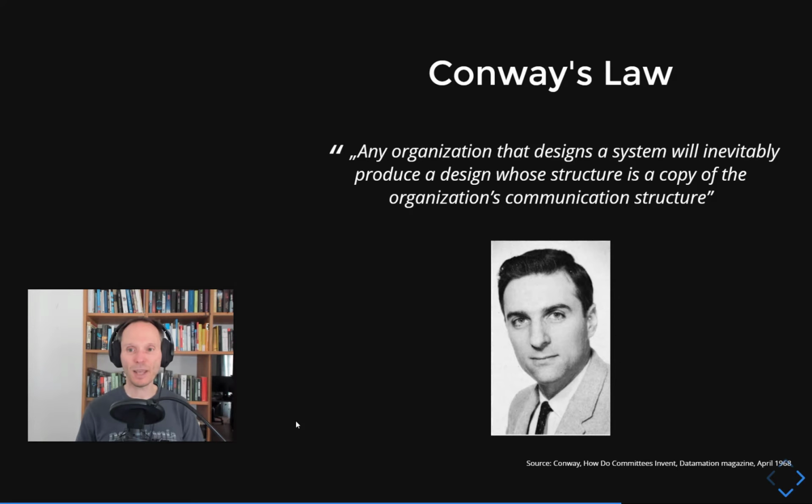Any organization that designs a system will inevitably produce a design whose structure is a copy of the organization's communication structure. And I believe that to be very, very true when it comes to cloud-native projects. Companies who move towards the cloud need to change their organizational structure, their processes, their communication structure in order to master the cloud. Just taking a look at technology isn't enough.